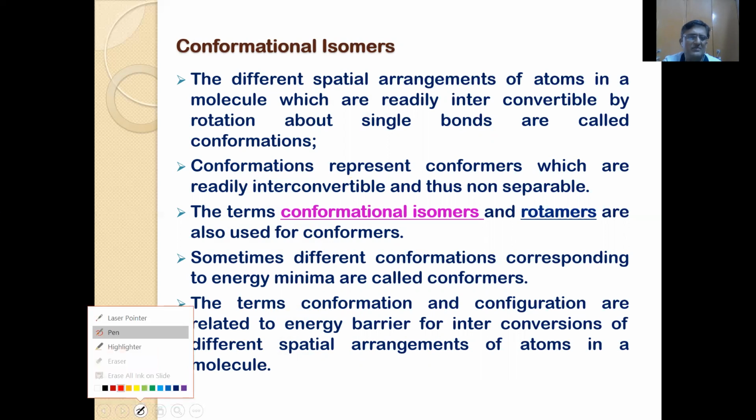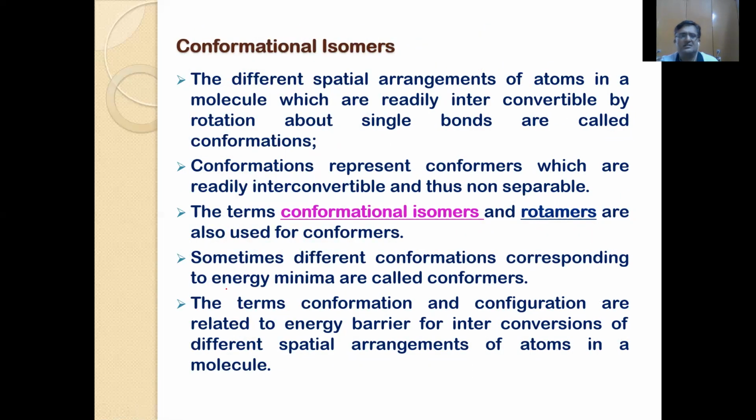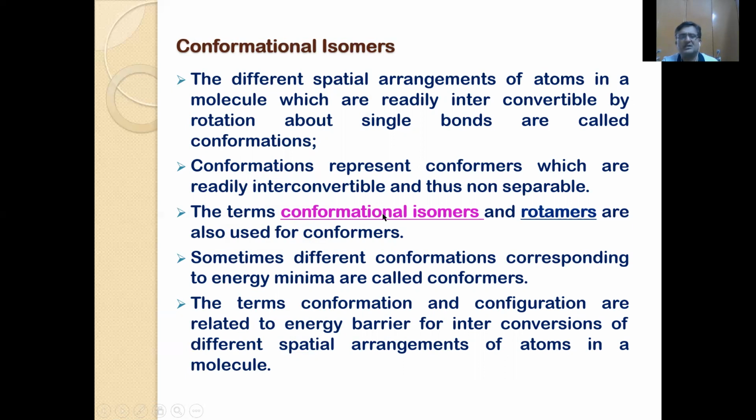Readily interconvertible but non-separable. Non-separable means those that cannot be separated, we call them non-separable. The term conformational isomers is also called rotamers. Okay, conformers represent arrangements which are readily interconvertible and non-separable.